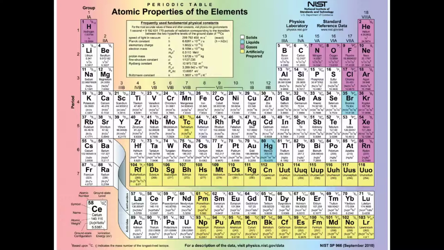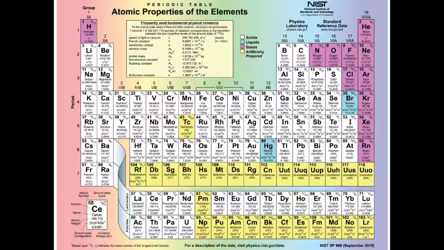The standard isotope of carbon is 12, commonly called carbon-12. So carbon-12 has 6 protons and 6 neutrons for a mass number of 12. All of the isotopes of carbon have the same number of protons.